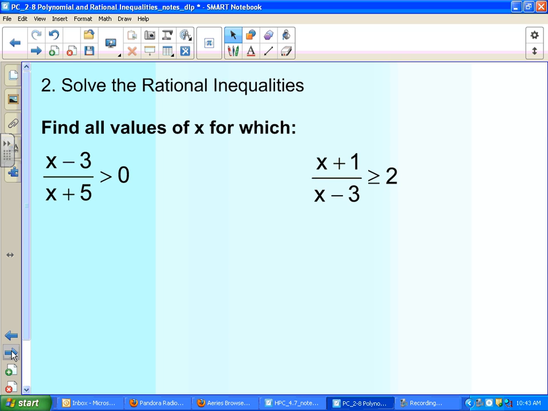A value that gives me a 0, but that thing is not called a 0. It's called a vertical asymptote. I think we touched on this on Friday.